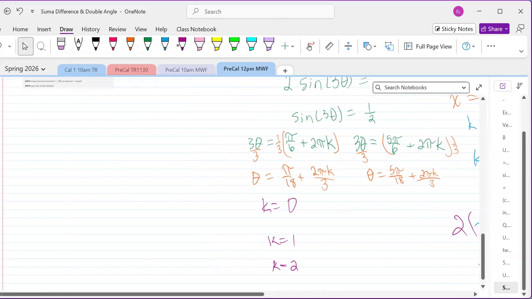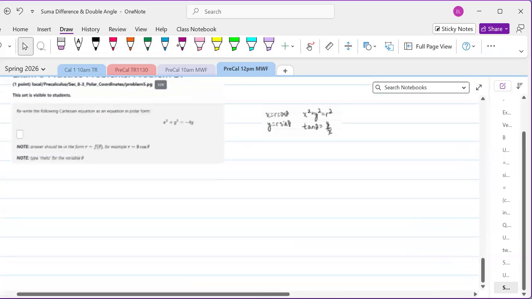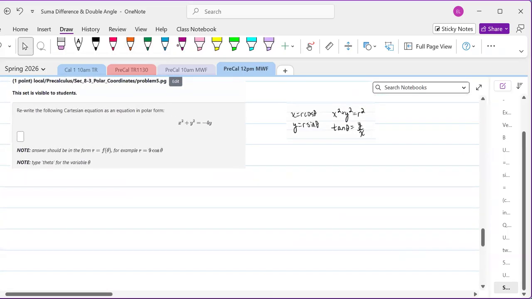All right. I'm going to move us back to this polar equation. So x squared plus y squared equals negative 4y. I need to rewrite this Cartesian equation, this xy equation, into a polar form, so I want to write it so it's only r's and thetas. So 2 ways to do that.